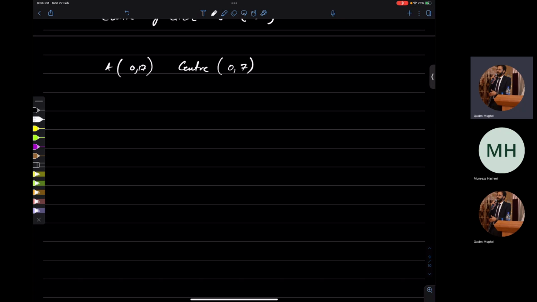So let's just apply the distance formula on center and A. So OA, which is the radius, would be equal to the square root of (y2 minus y1) squared plus (x2 minus x1) squared.